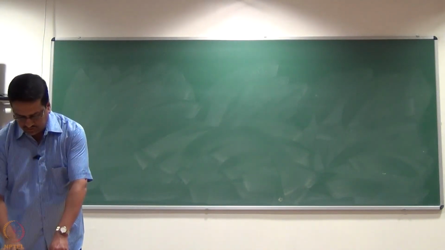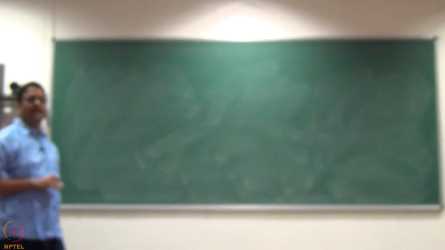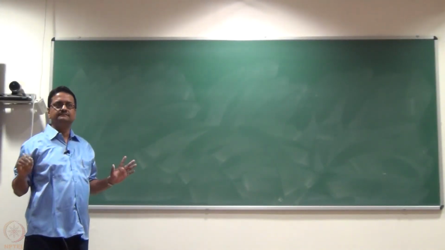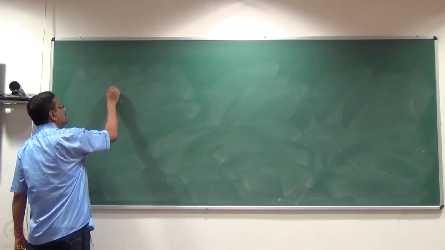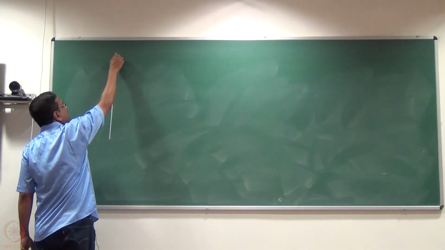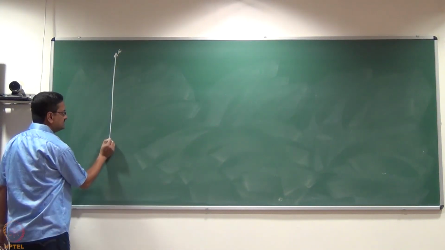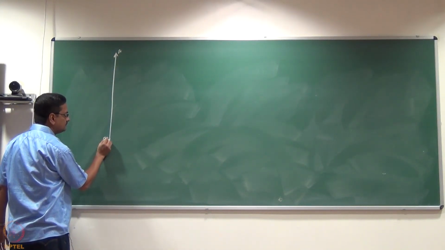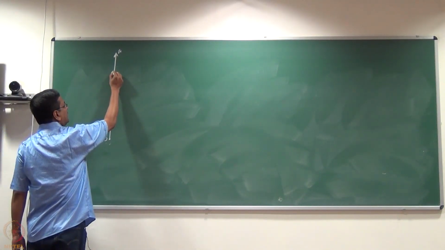Now I am going to draw only one axis instead of three. Suppose this is my A direction and I am starting from this origin O, and my edge length A is here.